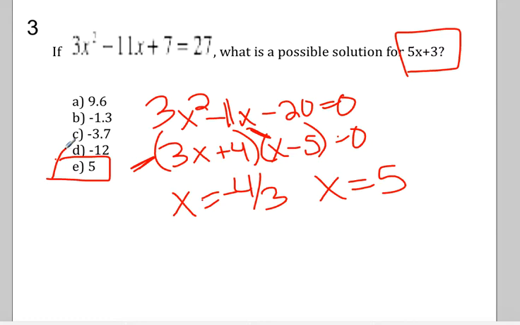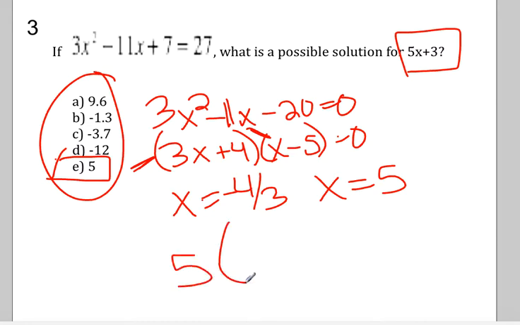So 5x plus 3, if you plugged in 5 into 5x plus 3, you'd get 25 plus 3, which is 28. So 28 is one possible solution. Unfortunately, it's not in your bank. So that just means the negative 4/3 is your answer. So it's 5 times negative 4/3 and then plus 3, which is going to be negative 20 thirds plus 3, or 9 thirds.